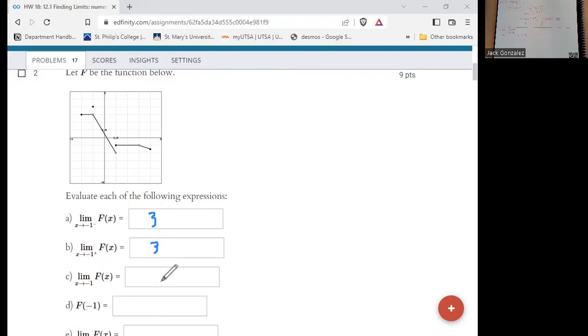If these are equal from both directions, then you say the limit exists at 3. Okay. So from the left, I'm approaching right here. From the right, I'm approaching that same little hole right there. So the number is 1, 2, 3. So this is 3. So what is the y value that they're approaching from both directions? It's going to be 3.